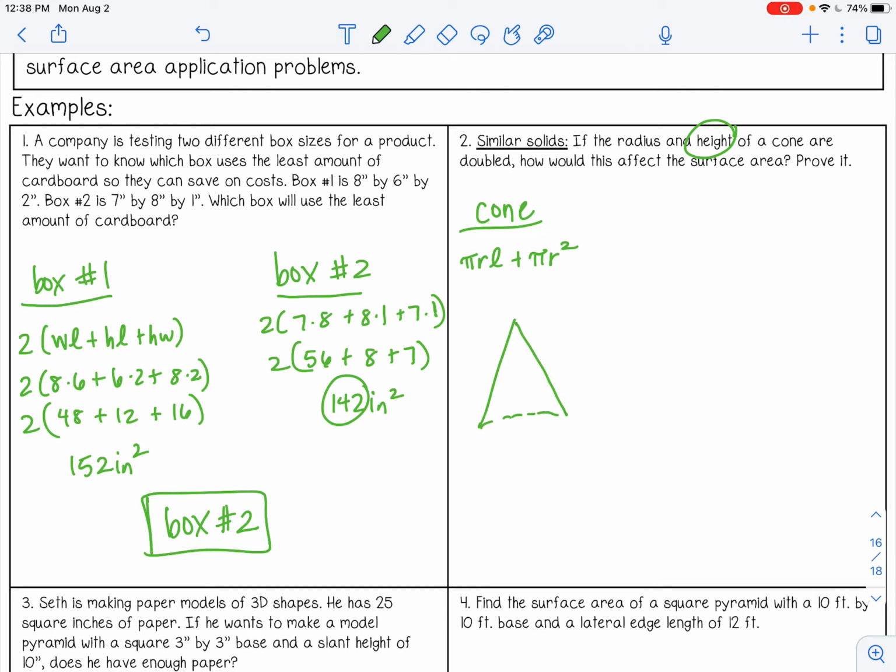Let's see if I can draw a cone here. Okay, so let's say that the cone has a radius of 5 and a slant height of, I'm going to use Pythagorean triples to make this easier on myself, 13. You'll see why in a second. So I need the actual height here. So I'm going to use the Pythagorean theorem.